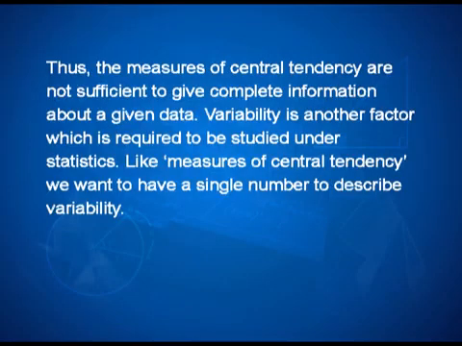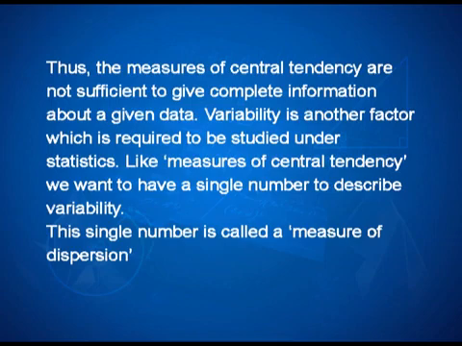Thus, the measures of central tendency are not sufficient to give complete information about a given data. Variability is another factor which is required to be studied under statistics. Like measures of central tendency, we want to have a single number to describe variability. This single number is called a measure of dispersion.